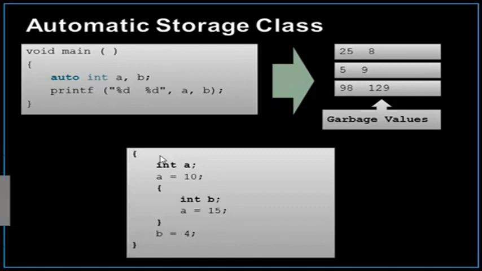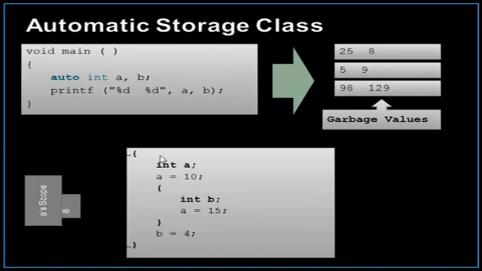Now let us look at the scope of a variable. Let us say we have this program segment. Braces define the scope. In the outer braces we have declared an integer a, and a equals 10.